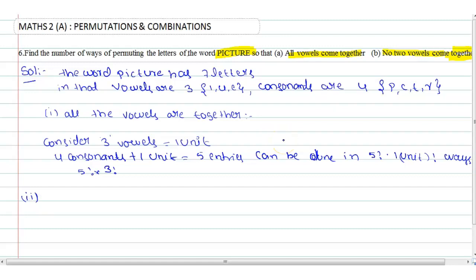So here in the question, no two vowels come together.